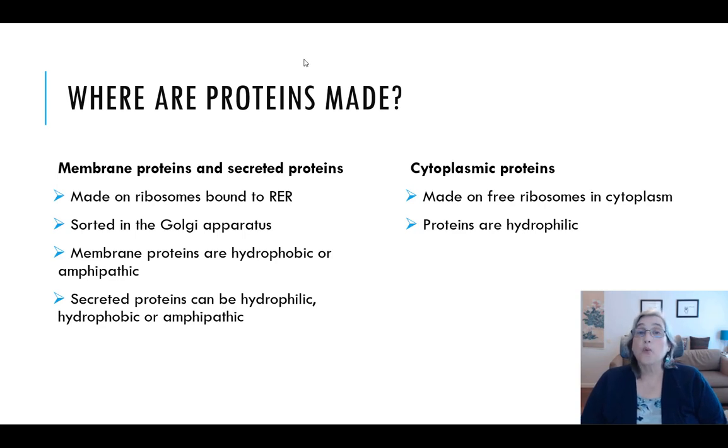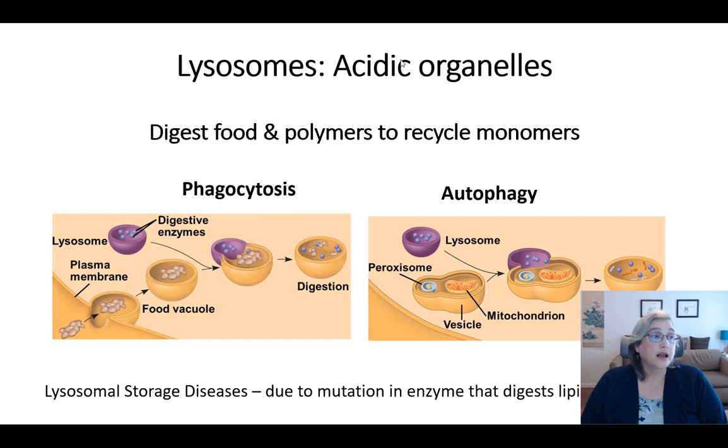I just want to talk about one potential destination for proteins, and that is lysosomes. I wanted to talk about lysosomes rather than any of the many other organelles that we could talk about, because lysosomes are very important in your cells.